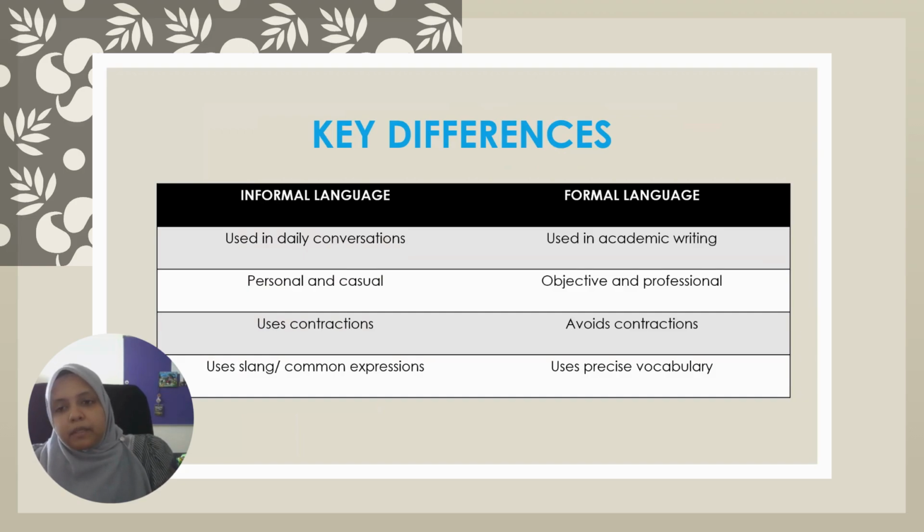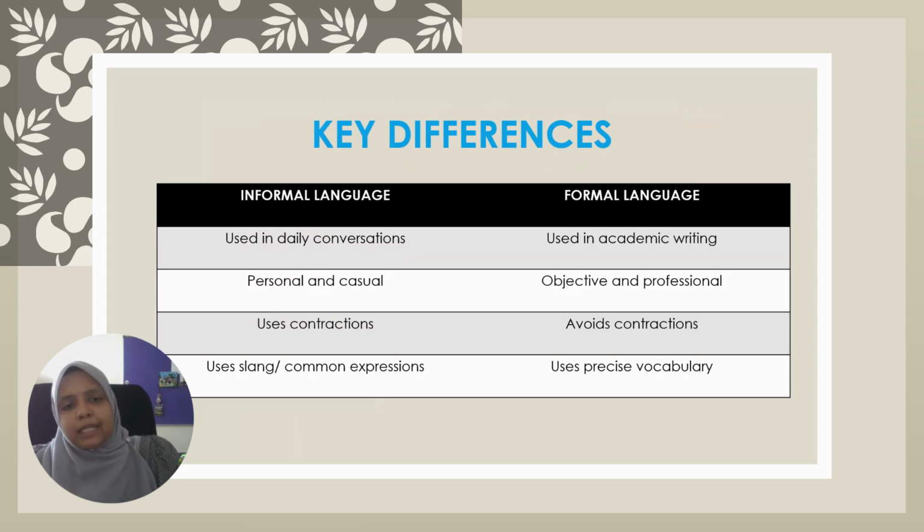For example, in informal language, we often use contractions such as don't. Informal language is more towards personal and casual, so we are allowed to use contractions, any short forms, and we will be using slang and common expressions when we are communicating verbally with the people that we know really well.